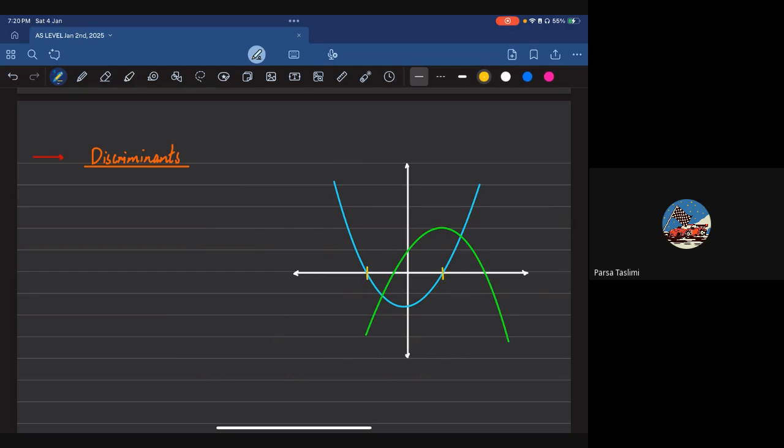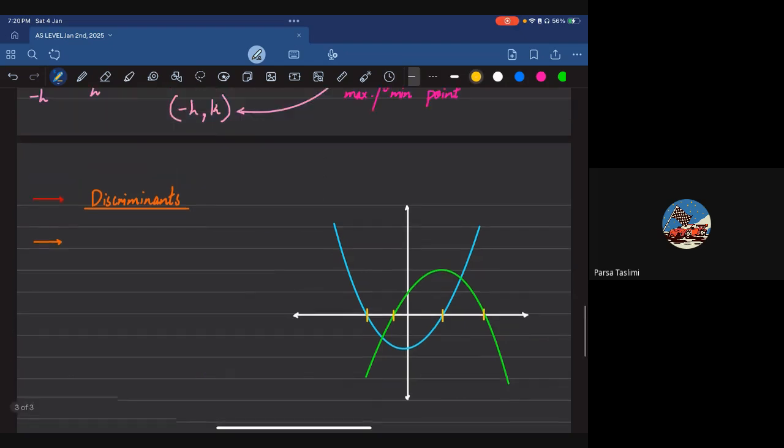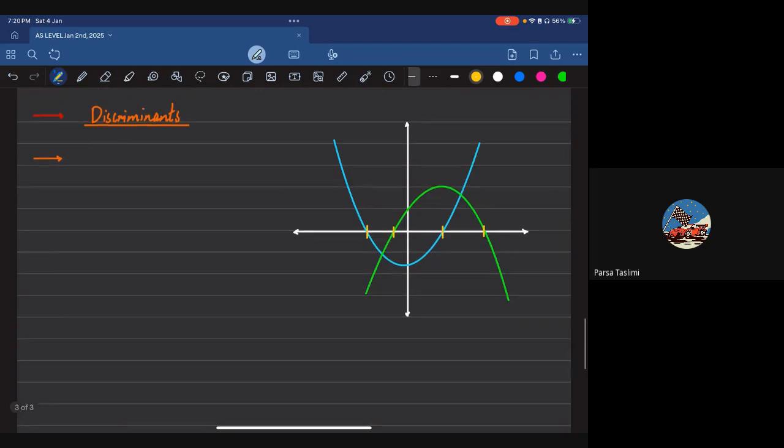So both of them have exactly two x-intercepts each. They have two real roots, which means that the discriminant has to be greater than 0. Yes, Parsa, perfect, you've said it excellently.